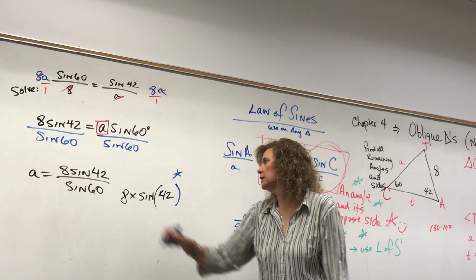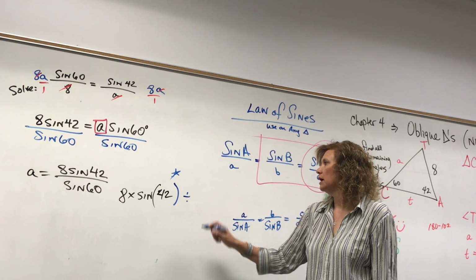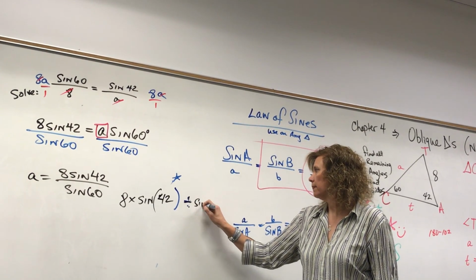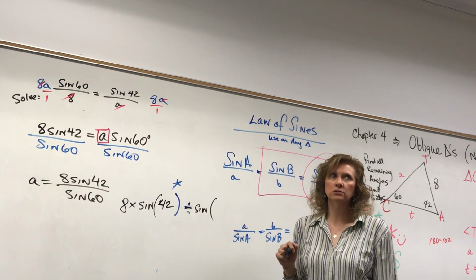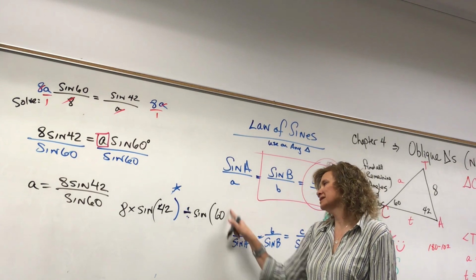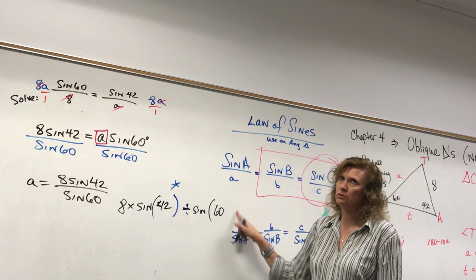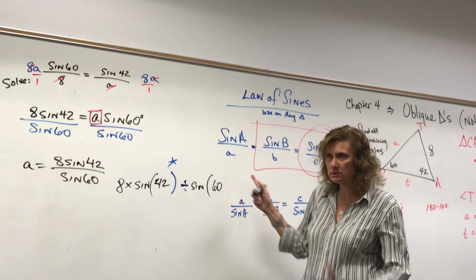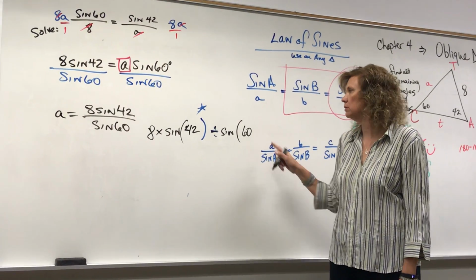We're going to hit divided by, and we're going to hit sine. The calculator is automatically going to have an open parenthesis. You're going to hit 60. Honestly, you could hit equals and skip closing the parenthesis. Usually that back parenthesis doesn't really freak it out.